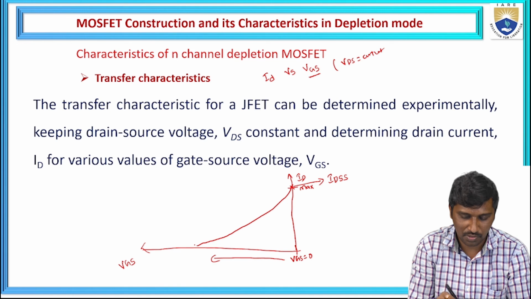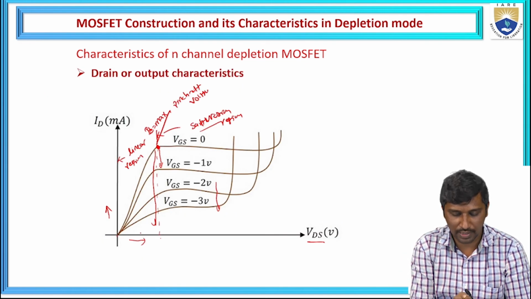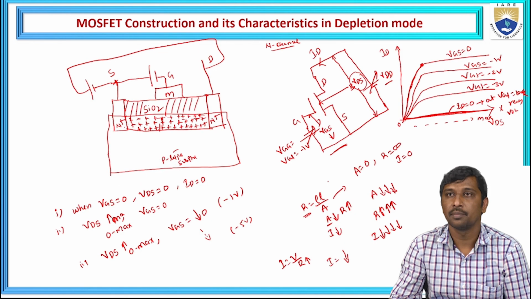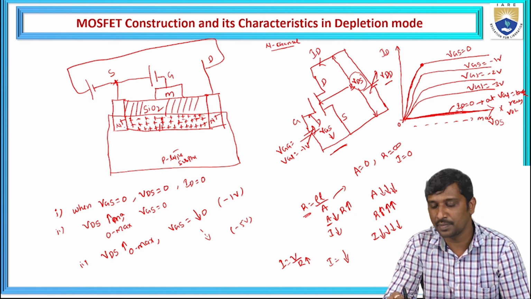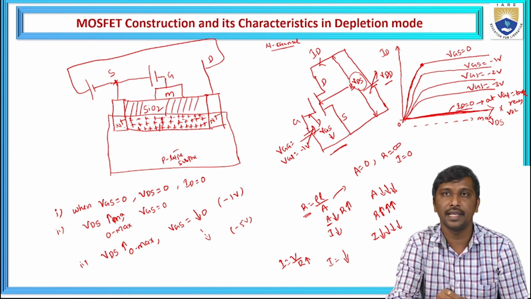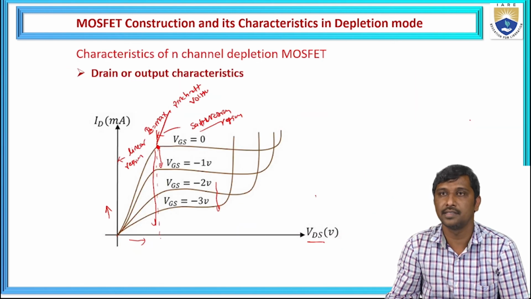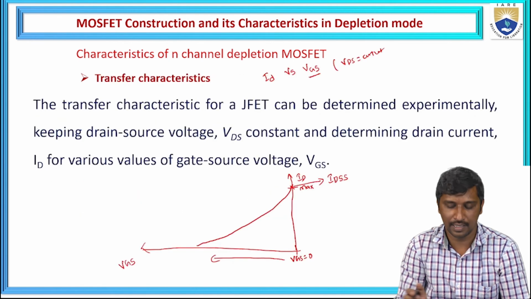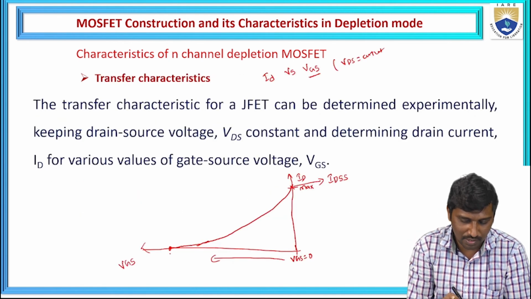At a very large reverse voltage, as we observed in the previous case, the drain current becomes completely zero. Why? Because at a very large reverse voltage, it completely diminishes the area of the channel. Hence, the drain current becomes zero.